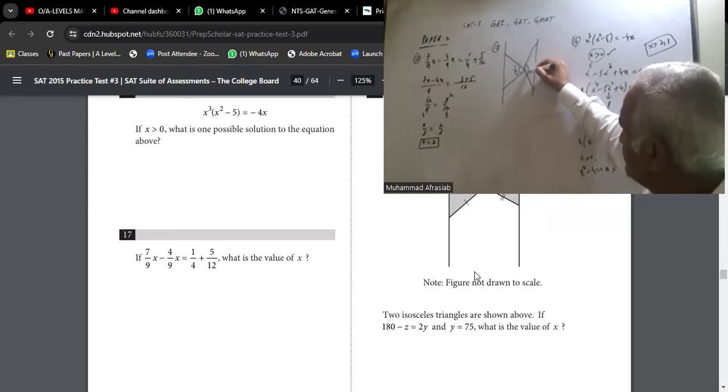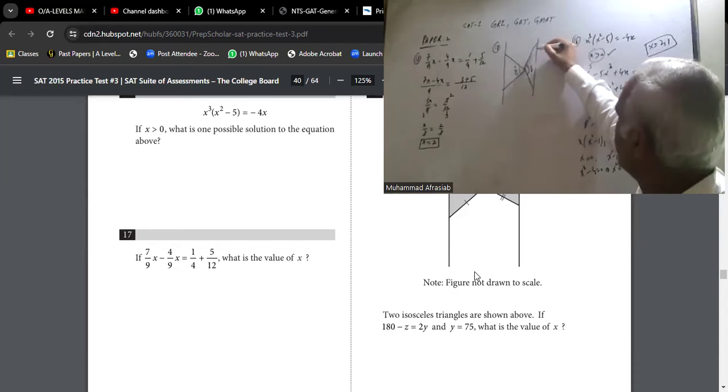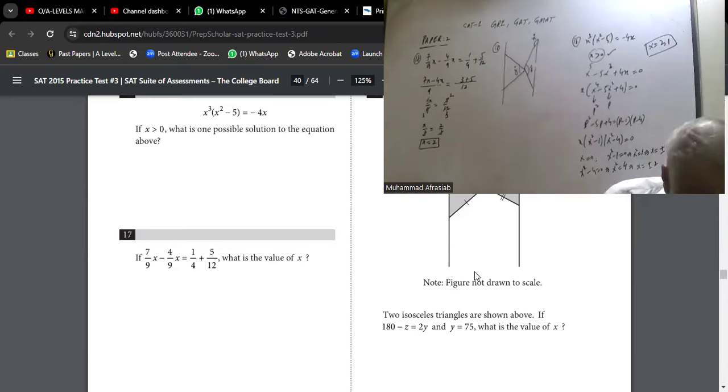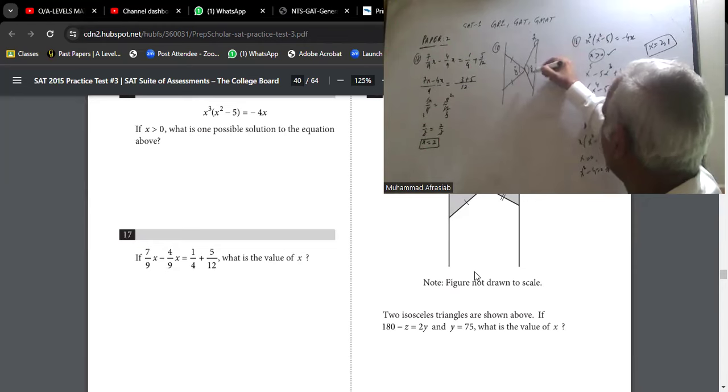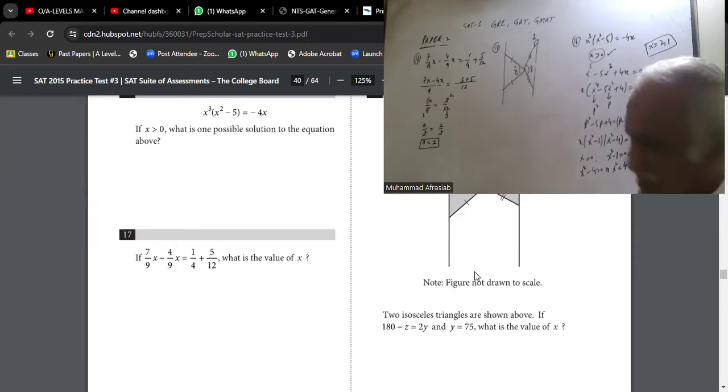This is z there. This is x there. These two lines are equal. These two lines are equal.